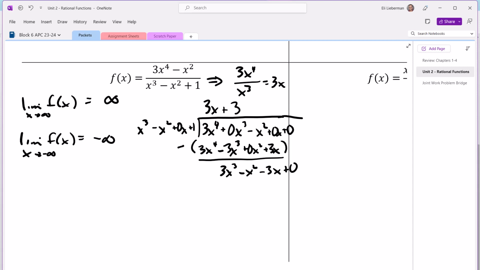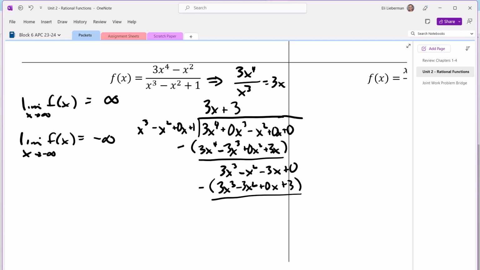Now we take that 3 and distribute. So it becomes 3x cubed minus 3x squared plus 0x plus 3. And we are subtracting all of this, just like regular long division.